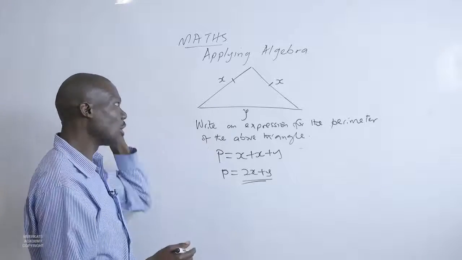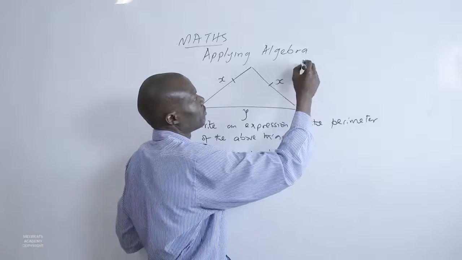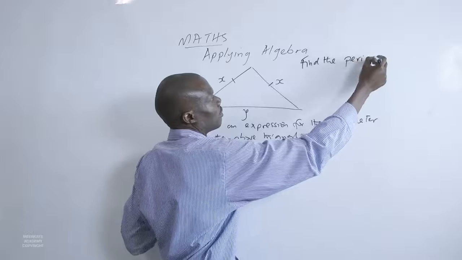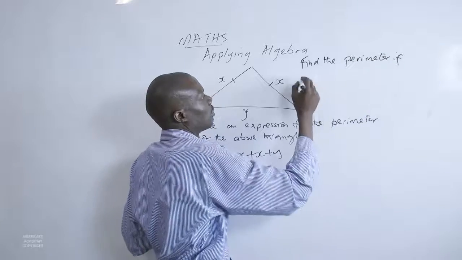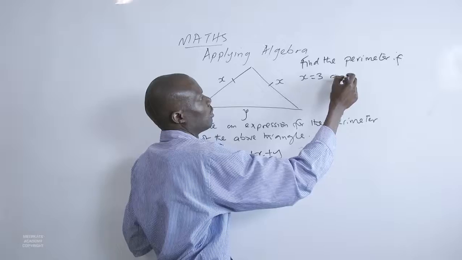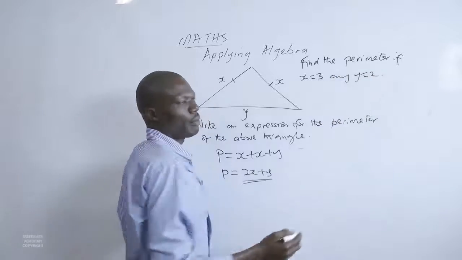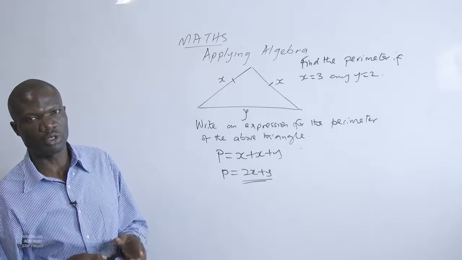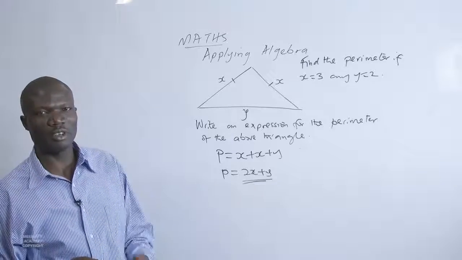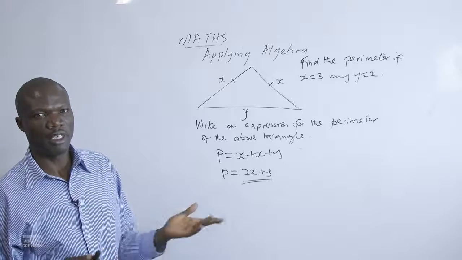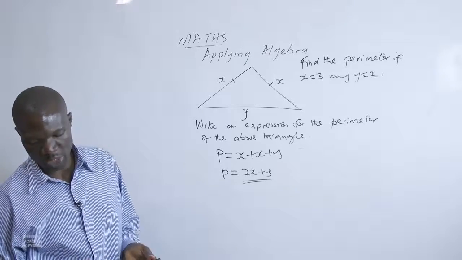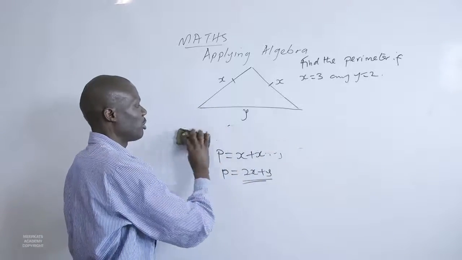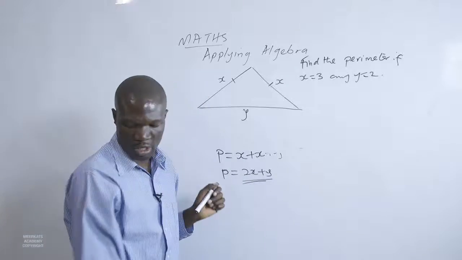Find the perimeter given that x is equal to 3 and y is equal to 2. Take note that the perimeter is simply given by P is equal to 2x plus y. As we saw earlier in algebra, given the values for the variables, we should substitute accordingly.